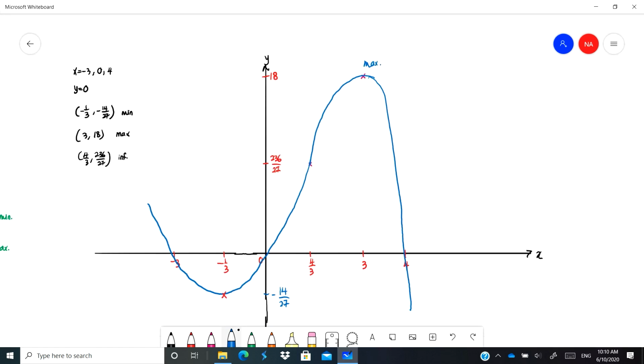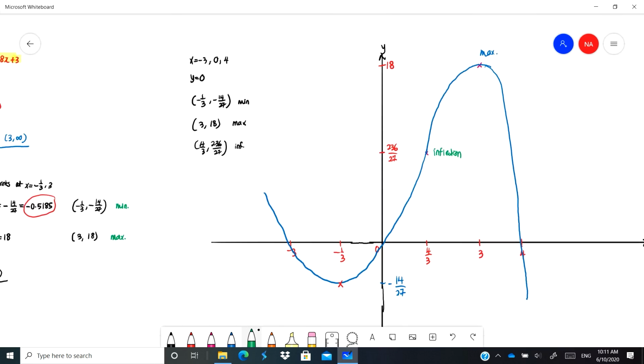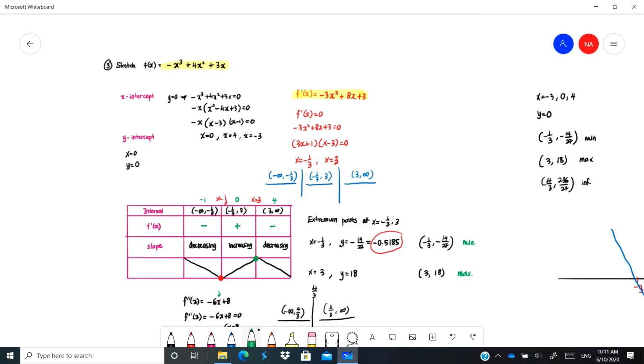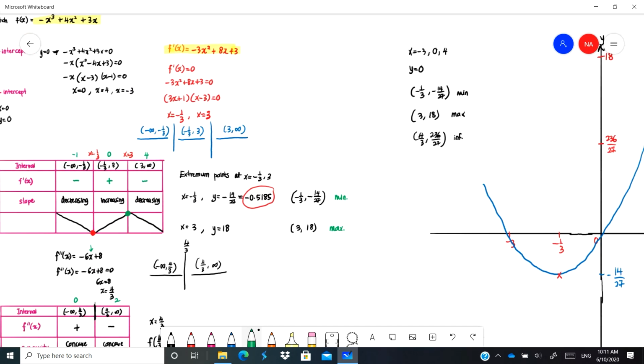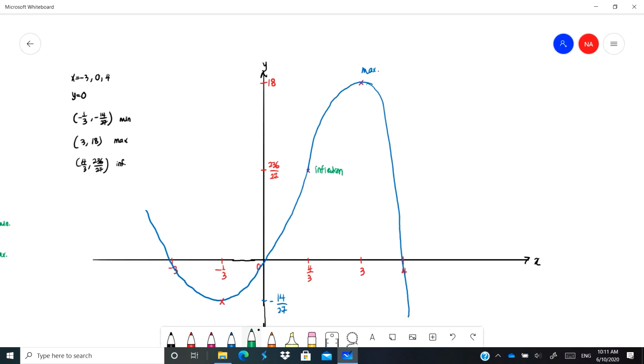We note that it is concave up, and then it becomes concave down, and we have the inflection point here. Basically this is what you have to do when you want to sketch the polynomial graph. In the next video, I'm going to show you how to draw the reciprocal graph.